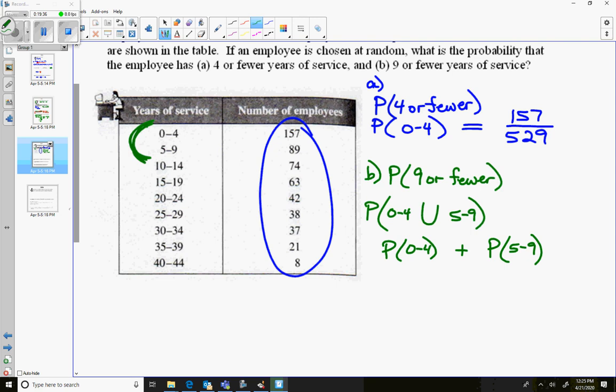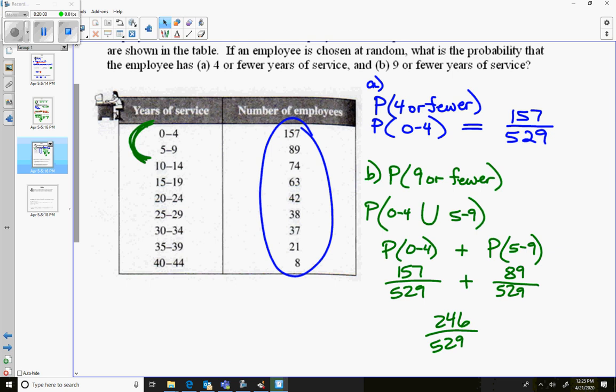So the 0 to 4 group would be 157 over the 529. The 5 to 9 group is 89 over 529, and we simply add those up. But that was their attempt at showing us an example with mutually exclusive.